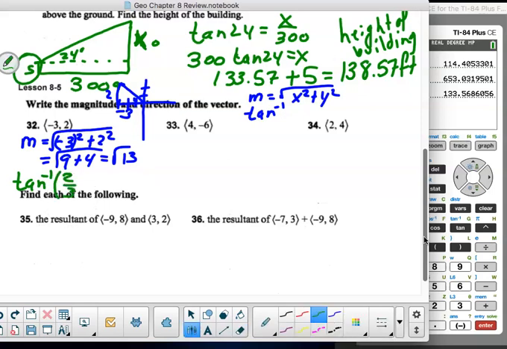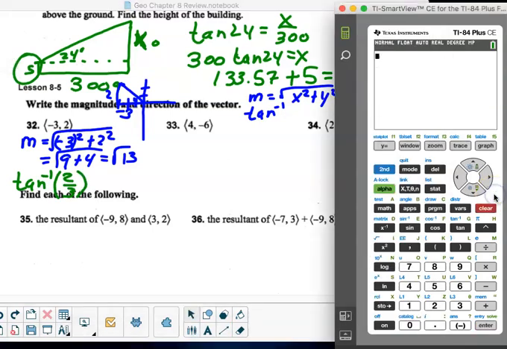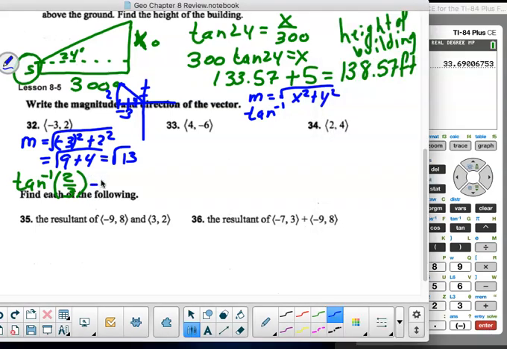I'm just worried about the degrees, so I'm not going to worry about that negative. So the inverse tangent of 2 divided by 3 gives me 33.7 degrees. I've got to keep in mind that this is north of west, so it is 33.7 degrees north of west.